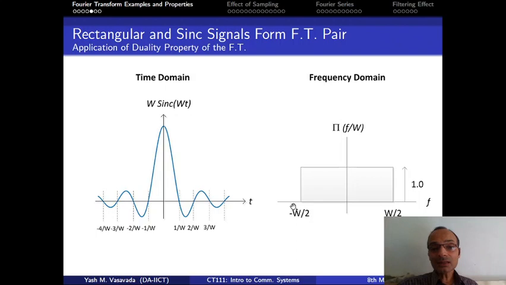The data rate is nothing but bits per second, or if we generalize it, it is symbols per second. Now, when we say that as we increase W, the data rate goes up, let us say in symbols per second, it means that in 1 second we are able to transmit a higher number of symbols.